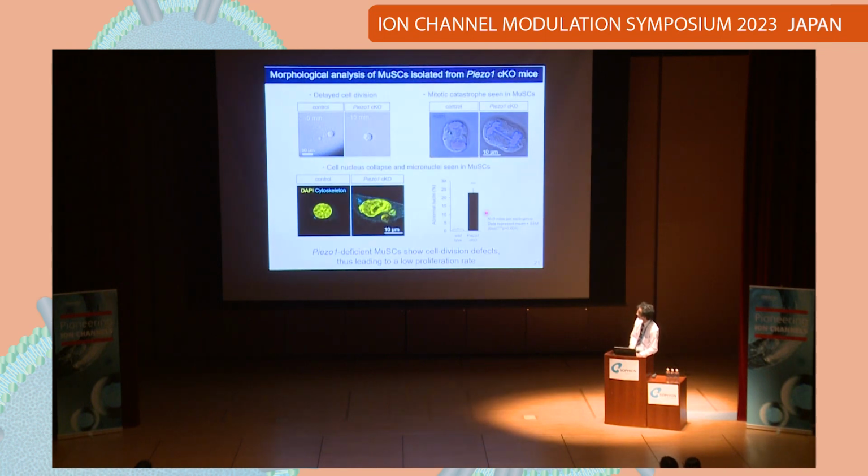So we hypothesized that Piezo1 might be involved in progression of cell division. To test the hypothesis, we performed time-lapse imaging and found that delayed cell division was observed in Piezo1-deficient cells like this.